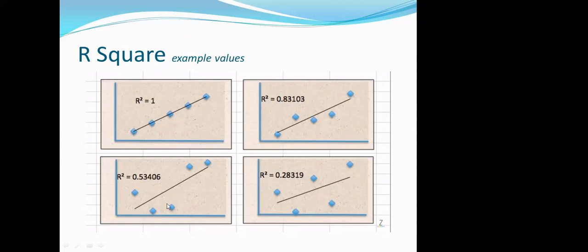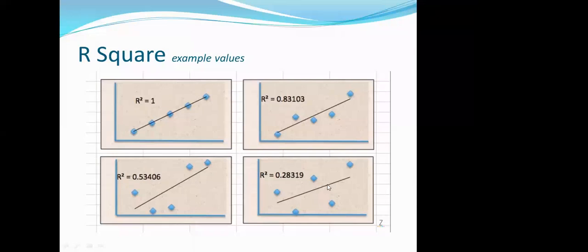But if the points are more distributed, more away from the regression line, R square is at a mediocre level, 0.5.